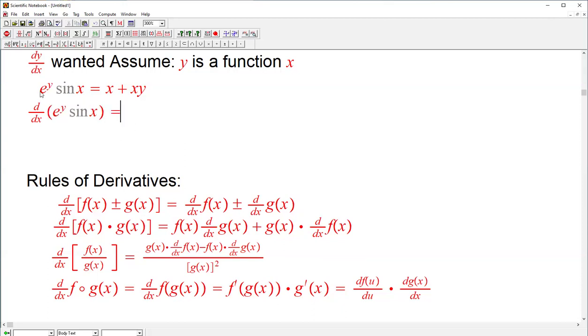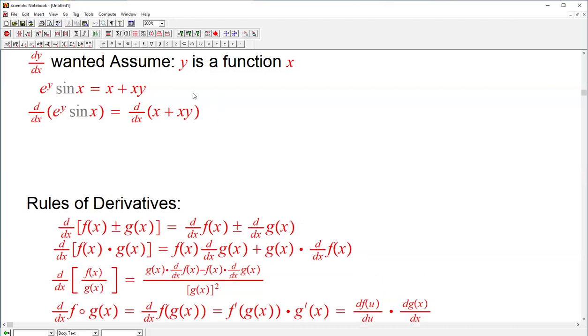Equals the other side, derivative with respect to x, and that product is going to be inside the parentheses. Both parentheses are necessary. There may be some discussion about whether the first one is, but let's have them to clarify that. So on the left-hand side, we're going to apply the product rule.